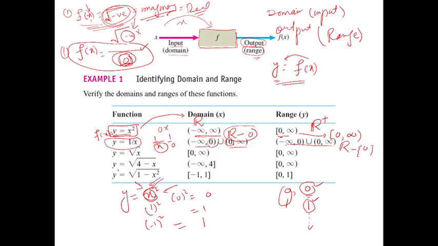Okay. Now the third one. Y is equal to square root of x. Here you should put all the values except negative values. So your domain for this function y is equal to square root of x will be positive real numbers, and 0. You can put 0 here; the square root of 0 is 0.